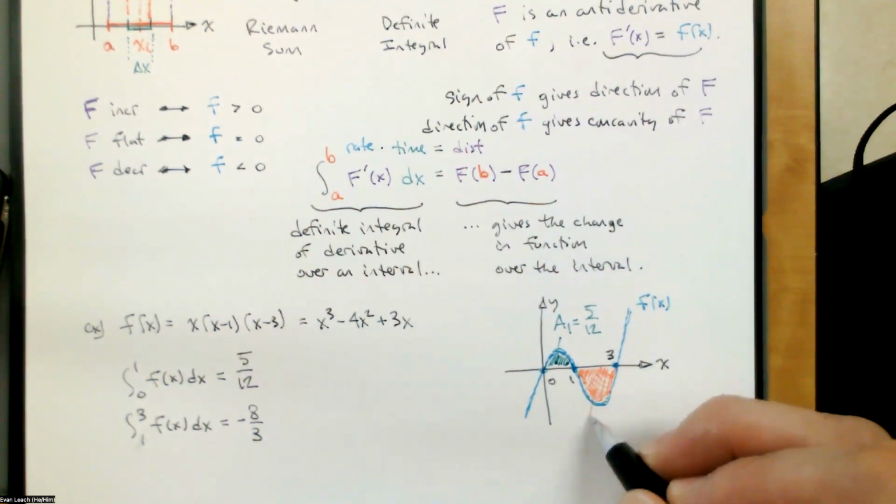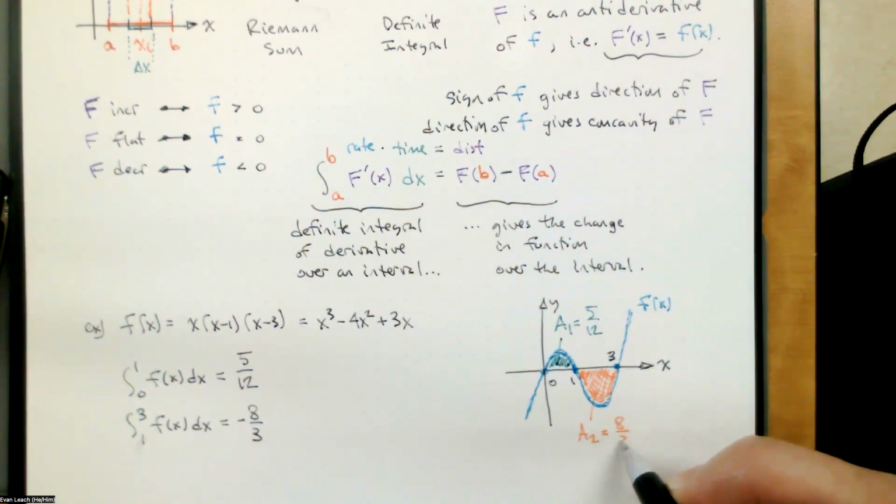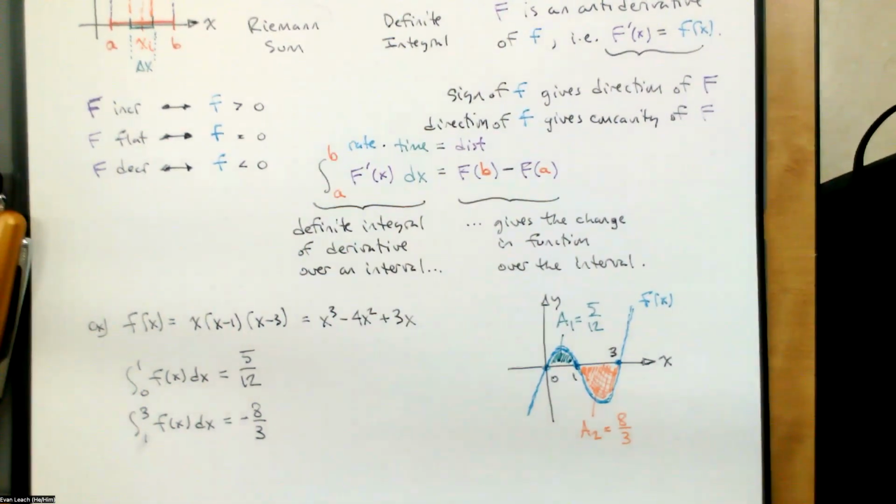So the area, if I ask what the area is between the function and the x-axis, then we would say 8/3. The definite integral reports a negative value because the function or the graph is negative. f of x is negative.